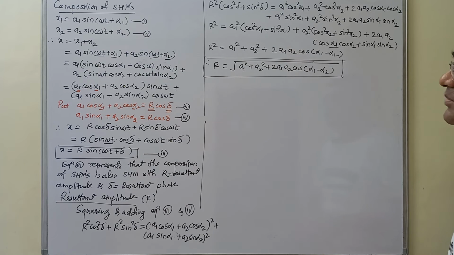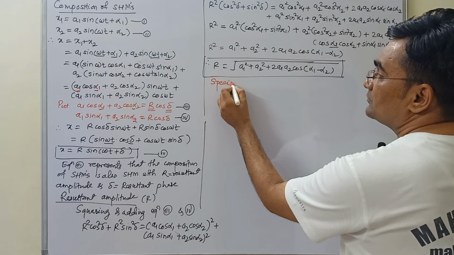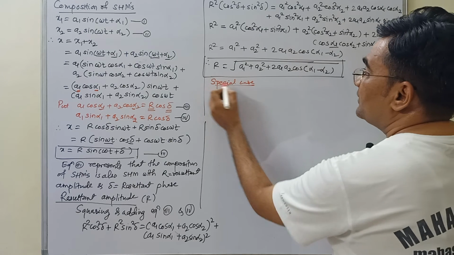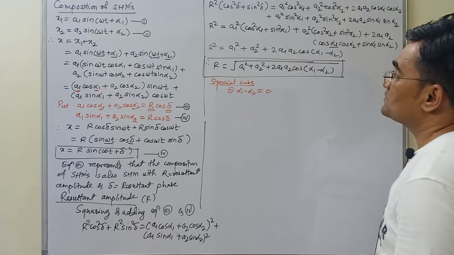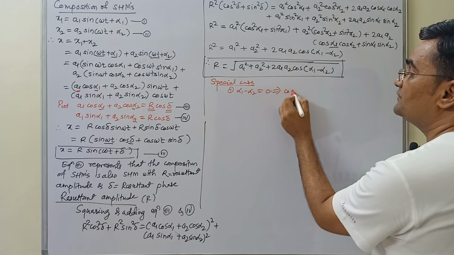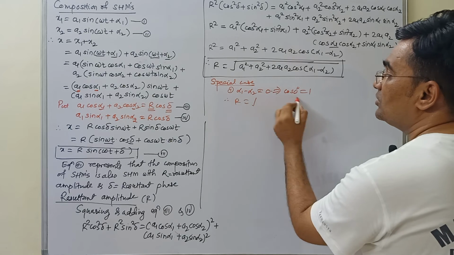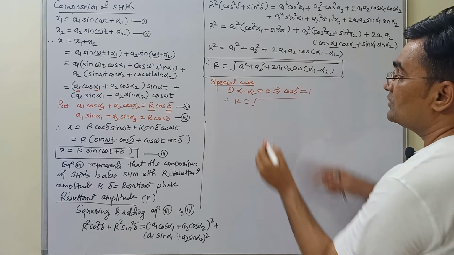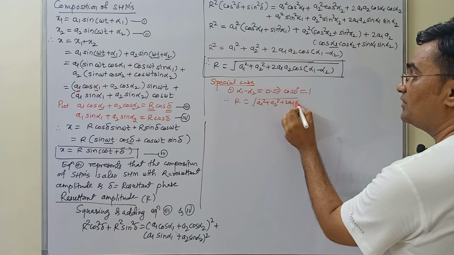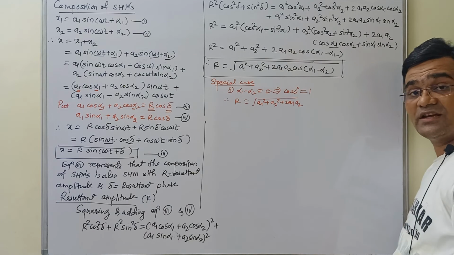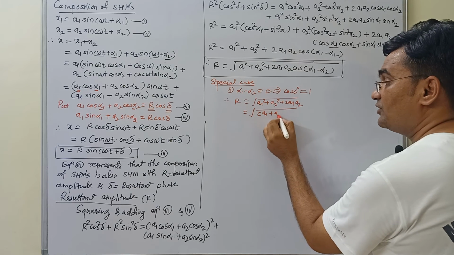Done. Here you can write some conditions, special cases. If alpha 1 minus alpha 2 equal to 0, therefore cos 0 equal to 1. Then what will happen? R equal to root of, this will be 1, so A1 square plus A2 square plus 2A1 A2. What expansion is this? Root of (A1 plus A2) whole square.